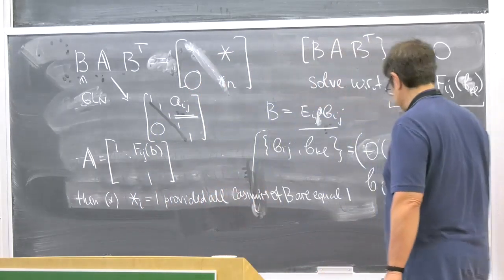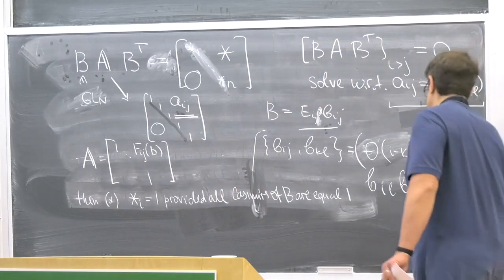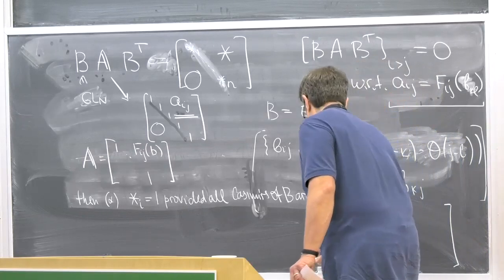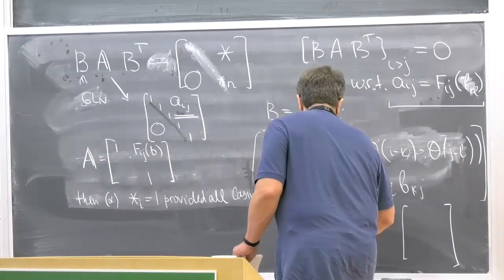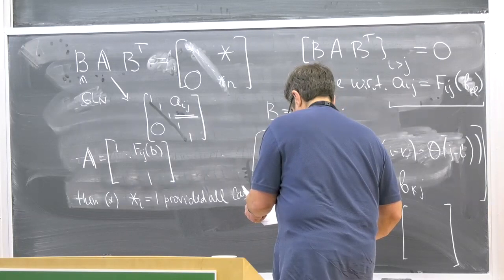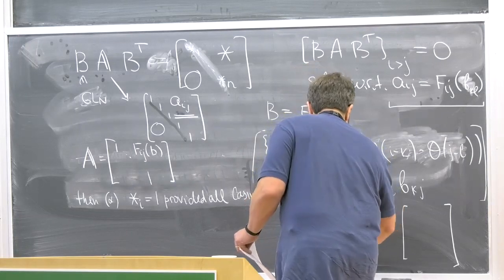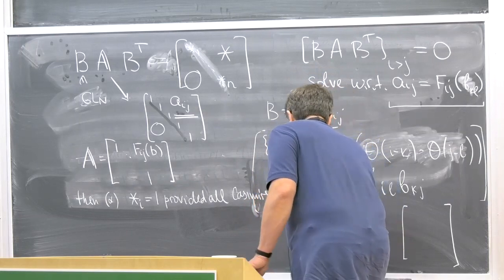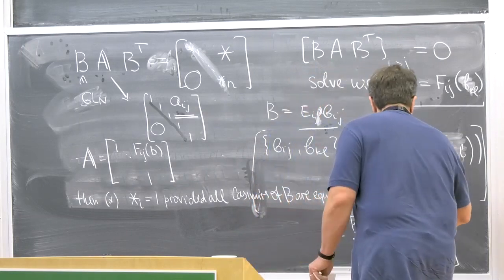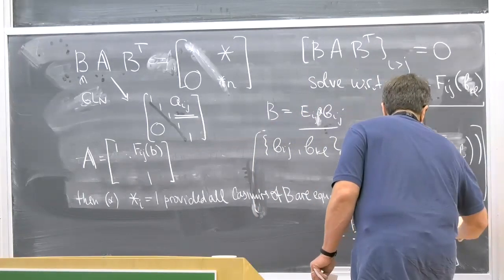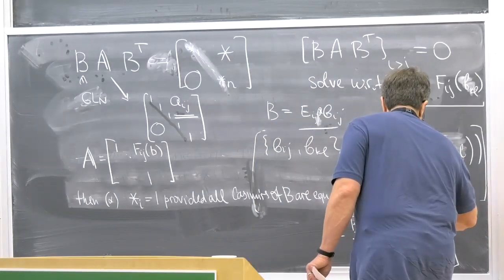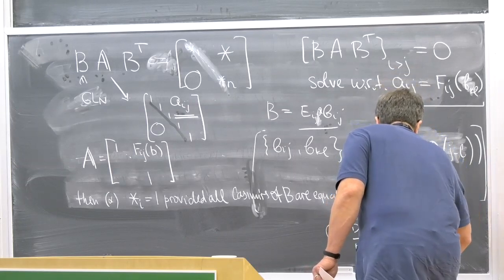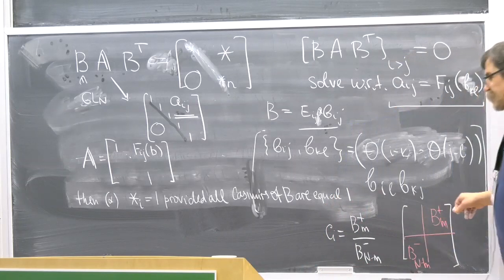I didn't say what Casimirs are. So the Casimirs of B, these C_i, are ratios of minors in these complementary squares.